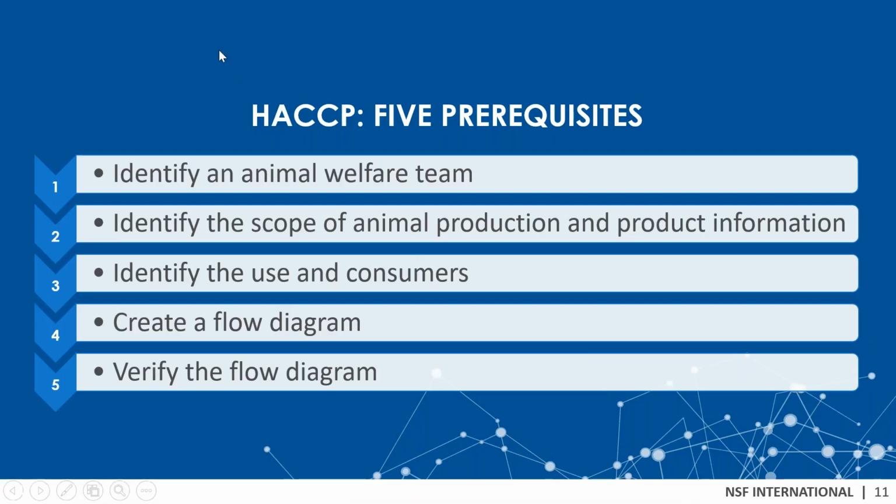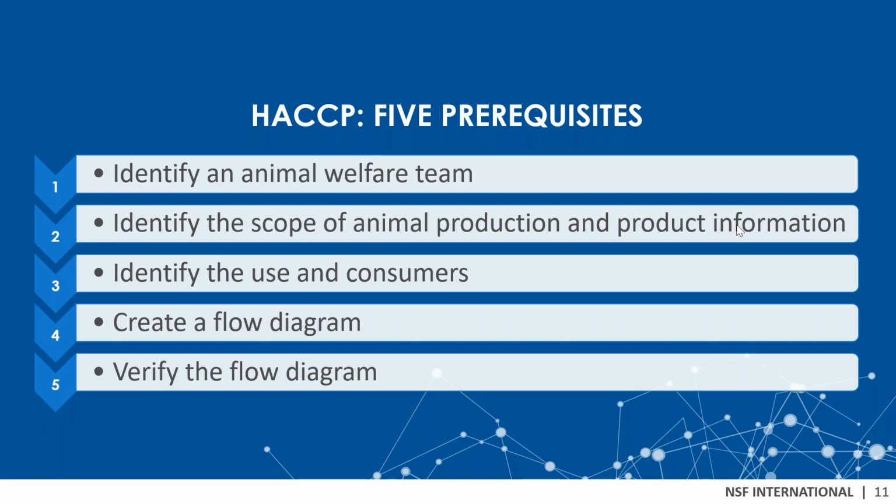Okay, so what we're going to take a look at here is flowing through the HACCP. The first step is the first 5 prerequisites. None of this should be new if you have a HACCP plan, but I'm just going to pop out a little poll question as I'm starting to go through this.